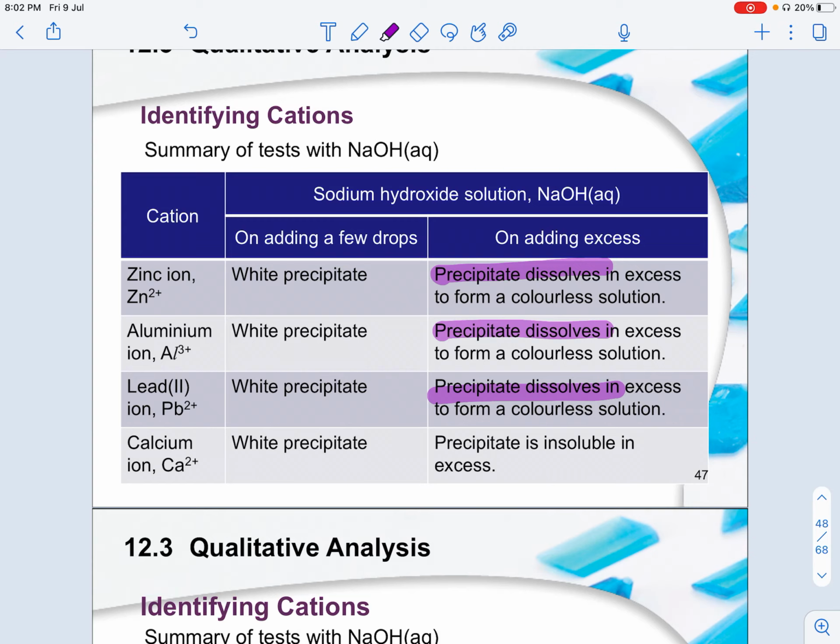However, it doesn't do so for calcium. So this is how you can confirm that when in excess the precipitate is insoluble, the identity of the cation is calcium. However, if it still dissolves, just like zinc, aluminium, and lead, then you will need to consider adding aqueous ammonia.